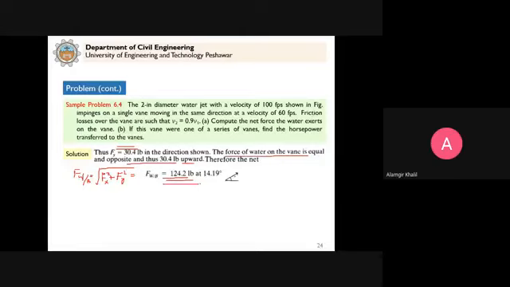You will get this result. And the angle you can calculate. You can easily calculate the angle from these components.